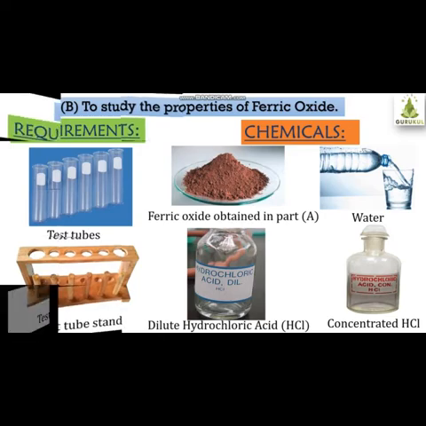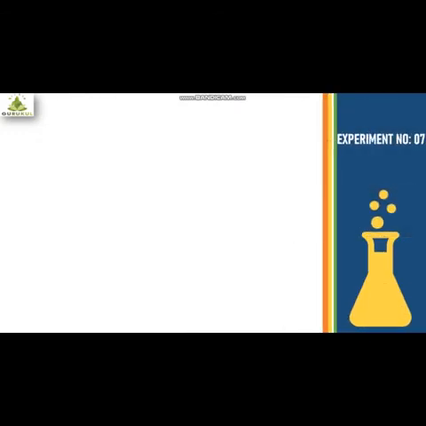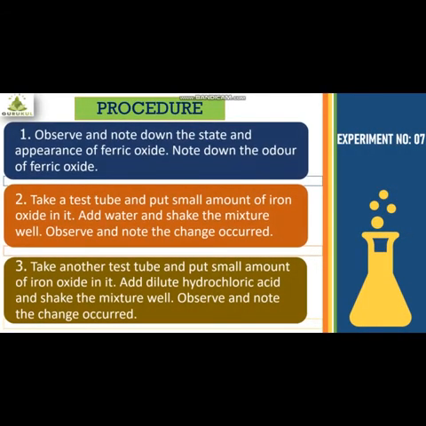Let's start the procedure for part B. Students, what will we do first? In the watch glass I have kept iron oxide or ferric oxide. I will observe it and note down the state, whether it is in solid, liquid or gaseous state, and I'm going to smell it.